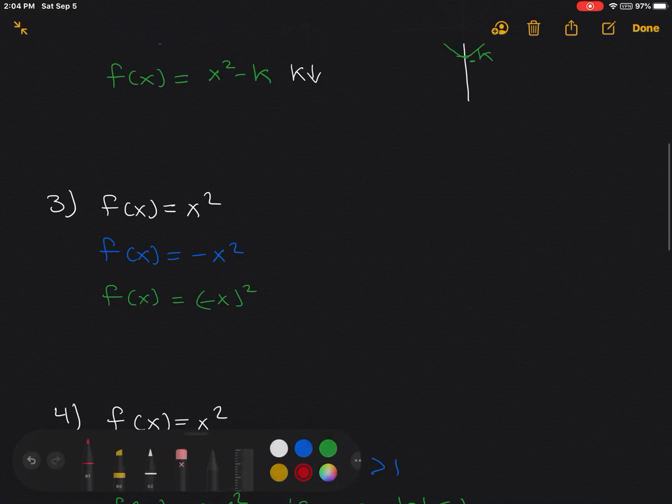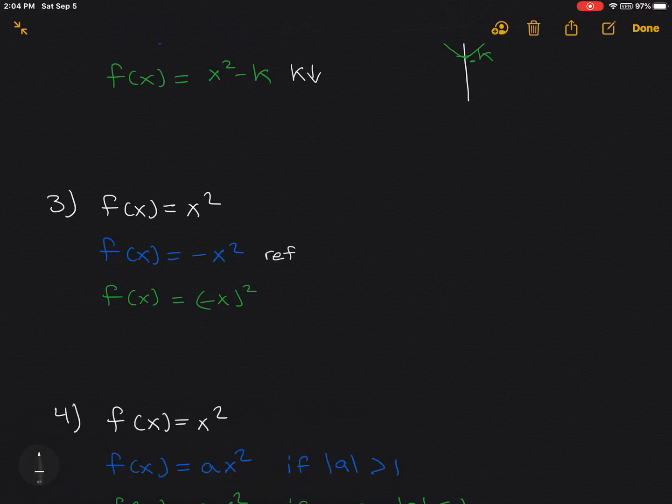All right, so let's take a look at number 3. If you have a negative in front of the x, this means it's a reflection over the x. And if you have a negative inside the parentheses squared, this means it's a reflection over the y.